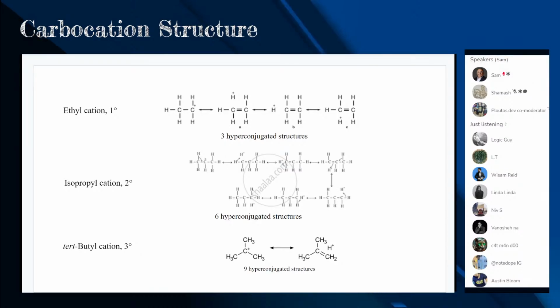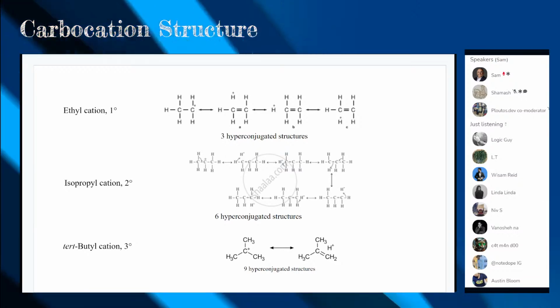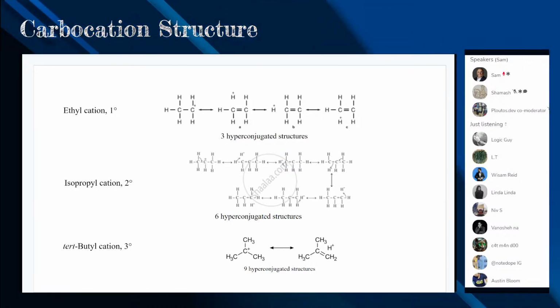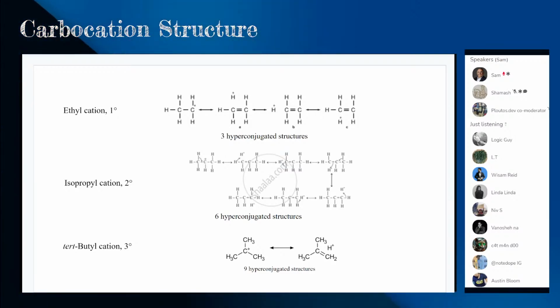Just a comment on historical perspective on this: if you were to take organic chemistry in 1965, you wouldn't learn about any of this. A lot of the preliminary work in this area was done in the 1970s, early '70s.